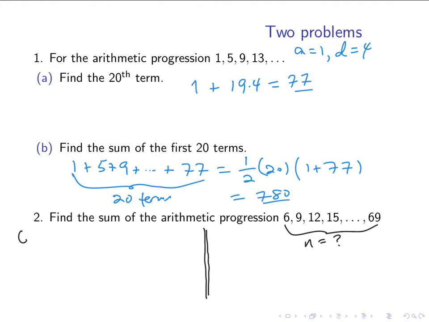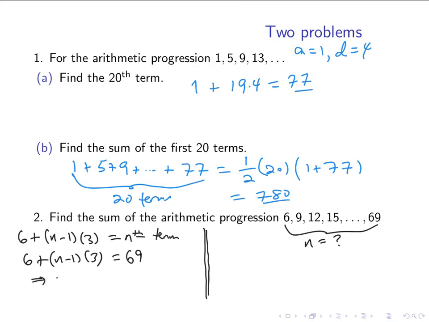From the first thing that we talked about, we know that all of the terms of this sequence should look like the first term plus a multiple of d, and in this case d is 3. So we know that the nth term looks like that. In the problem, we can see that the last term that we're trying to add up is going to be 69. So we know the 69 should be our nth term, but we don't know what n is. But now we have an equation where the only unknown is the n.